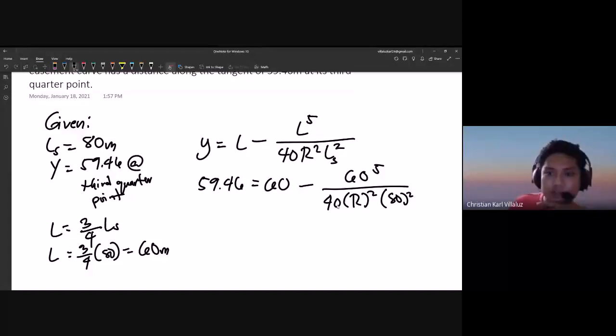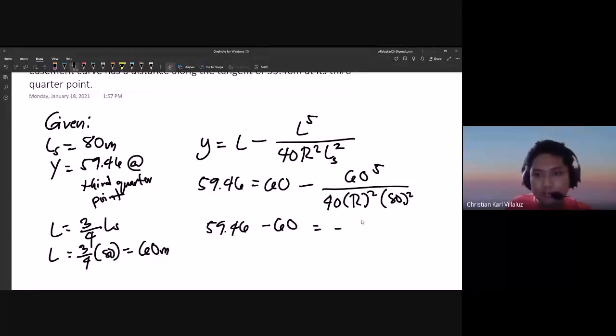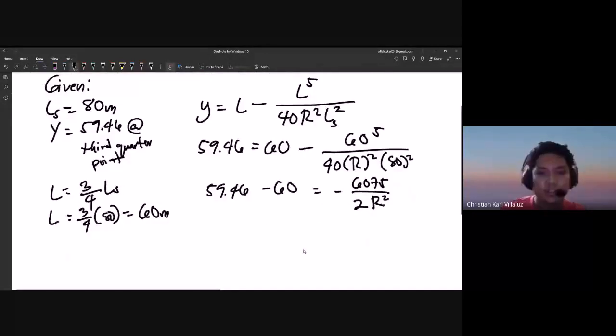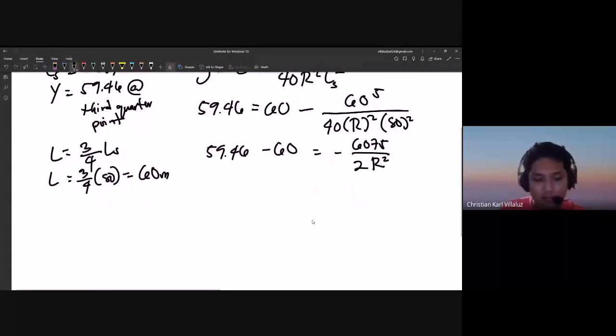So, repeat natin: 59.46 minus 60 is equals to negative. Evaluate na natin 60 raised to 5 over 40 times 80 squared. So, compute natin yan. Ang kalalabasan ay 6,075 over 2r squared. Okay, subtract natin itong dalawa. That's negative 0.54.